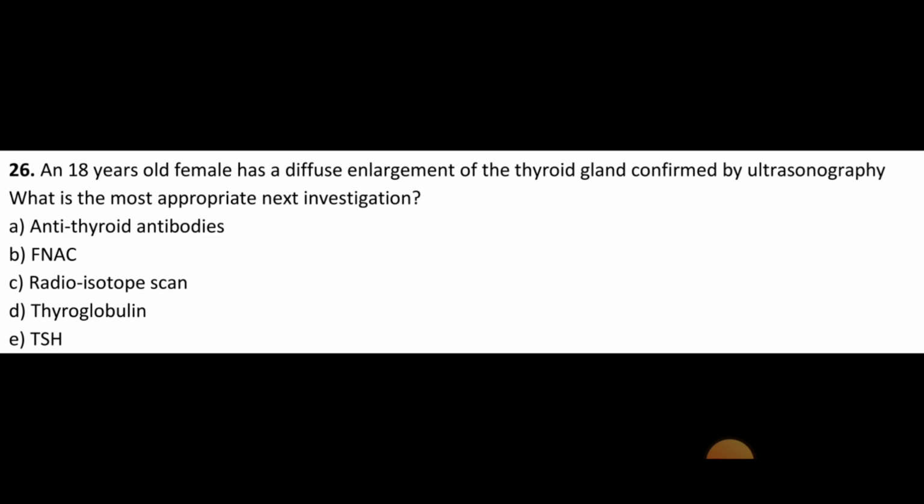So in either case, it causes either hyperthyroidism or hypothyroidism. So when a patient presents with a diffusely enlarged thyroid gland, it is better to do TSH level initially. Then based on that, we can do further investigations to assess for the etiology.